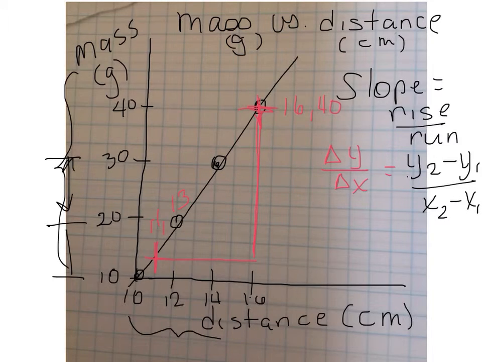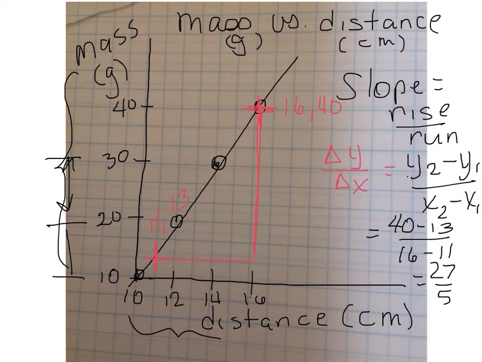Put in what we know. We know our numbers. So that means this is 40 minus 13 over 16 minus 11, which is 27 over 5, which is 5.4. Okay, so we have a slope of 5.4, but 5.4 what?